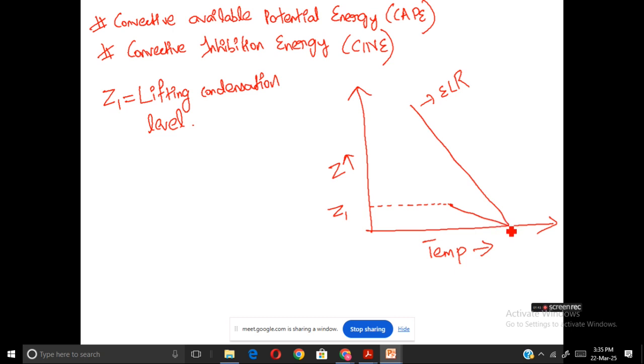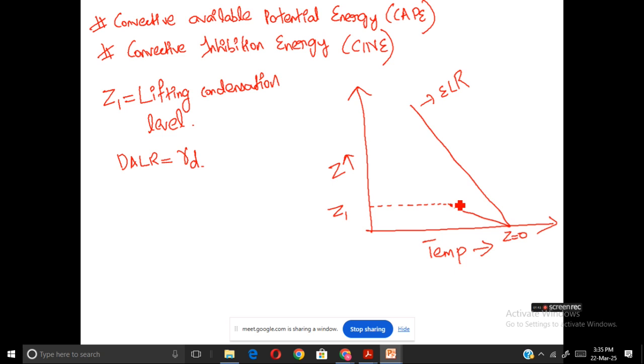So from Z equal to 0 to Z equal to Z1, it is just following the dry adiabatic lapse rate, or gamma D. Now if the parcel undergoes a further ascent, then condensation will start occurring. And we already know, once it is saturated, it will start following the saturated adiabatic lapse rate.